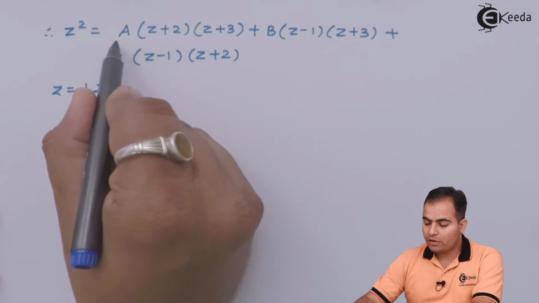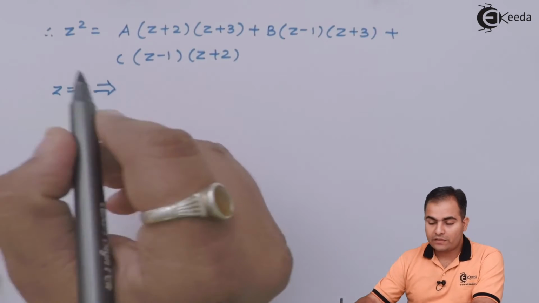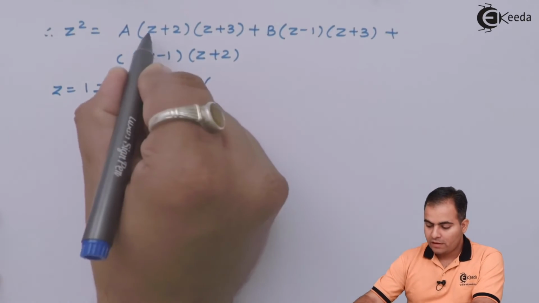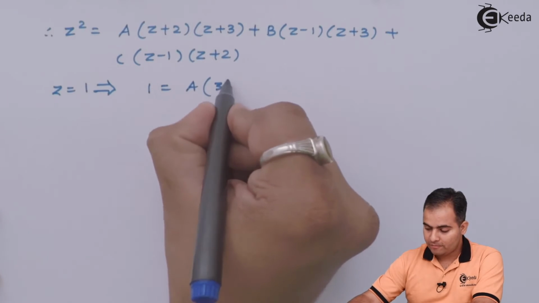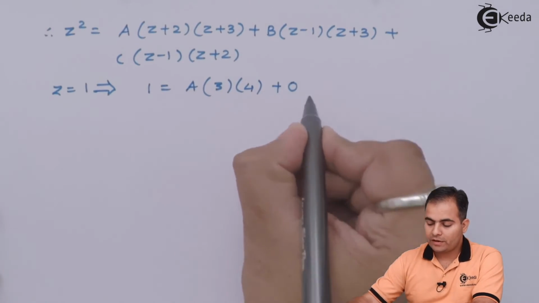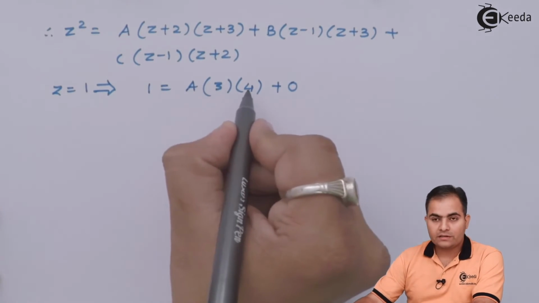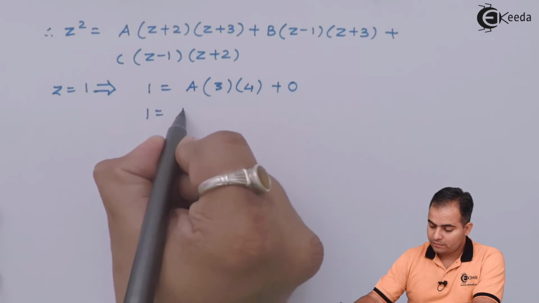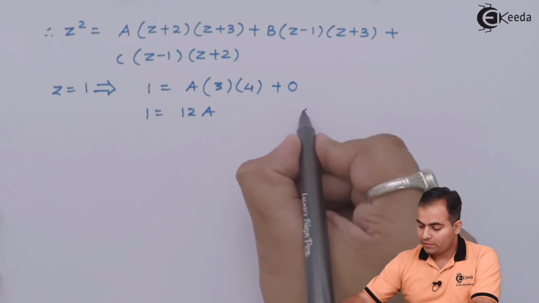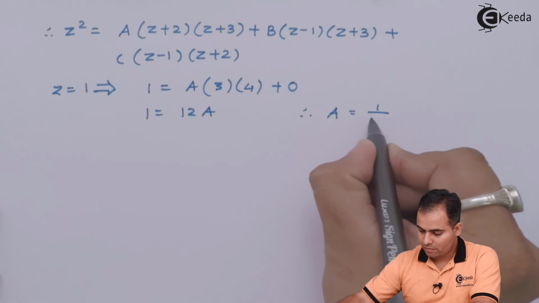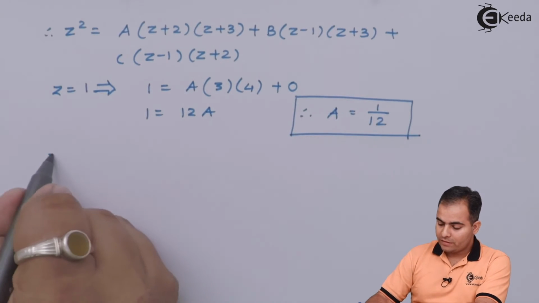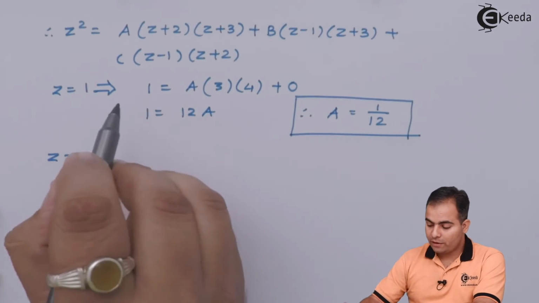So you will get the answer only for A. On the left hand side, 1 square is always 1, and 1 plus 2 is 3 and 1 plus 3 is 4, and the rest of the part is replaced by 0. Now 4 threes are 12, and if I shift this 12 to the left hand side, you will get 1 by 12.